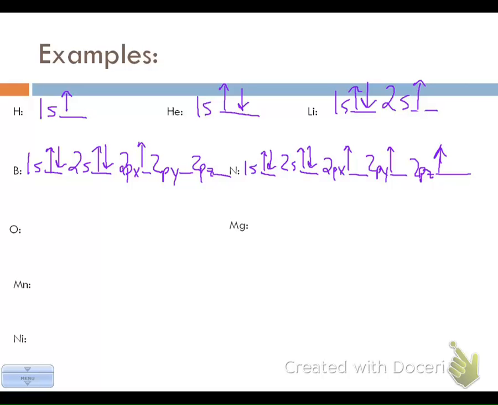All right, then oxygen. Oxygen is going to have just one more electron than nitrogen, so we'll have the 1s up, down, 2s up, down, 2px, 2py, 2pz, and then up, up, up, down, down, and that's too many.